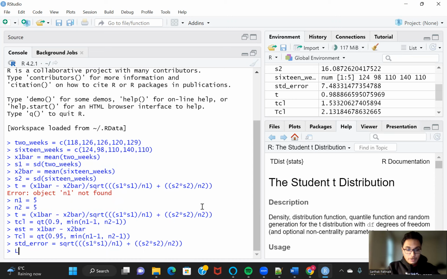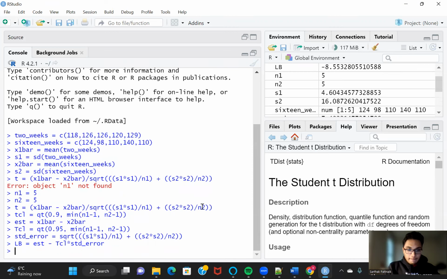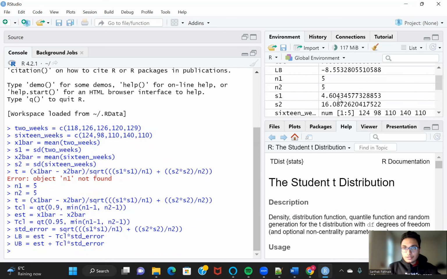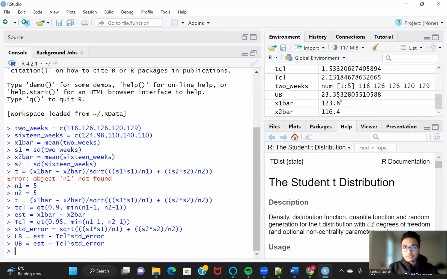Now I'll calculate my lower bound and my upper bound. So lower bound is going to be estimate minus TCL times standard error. So lower bound is minus 8.553, upper bound is 25.35.